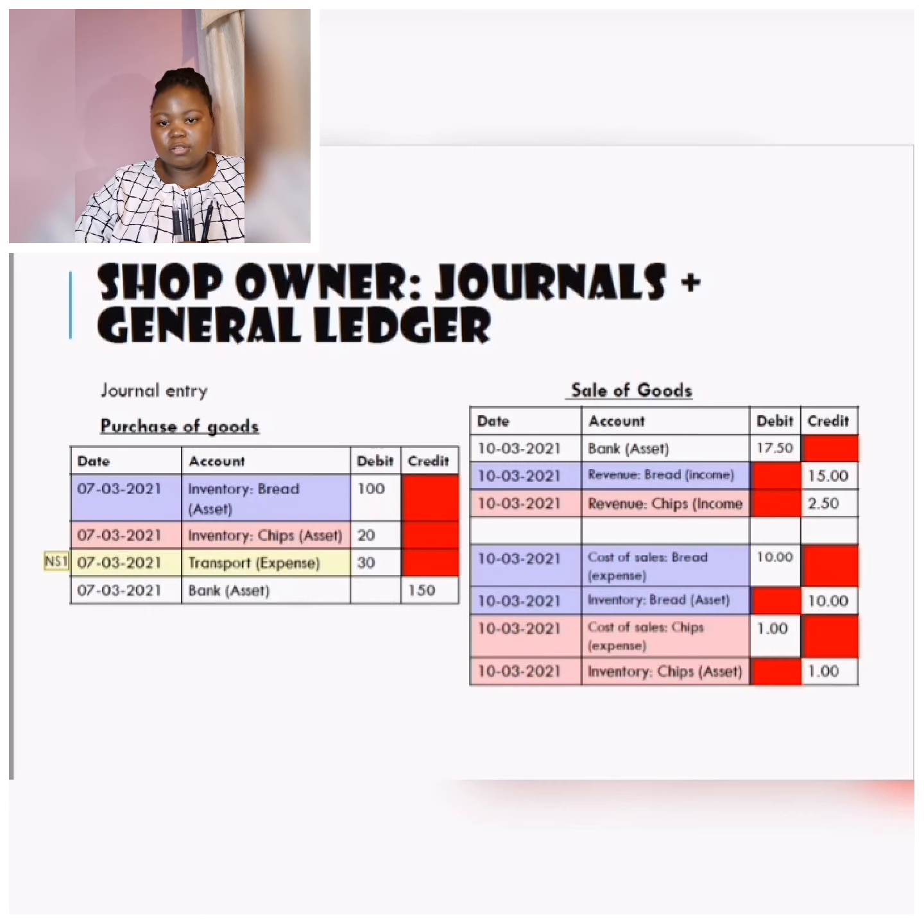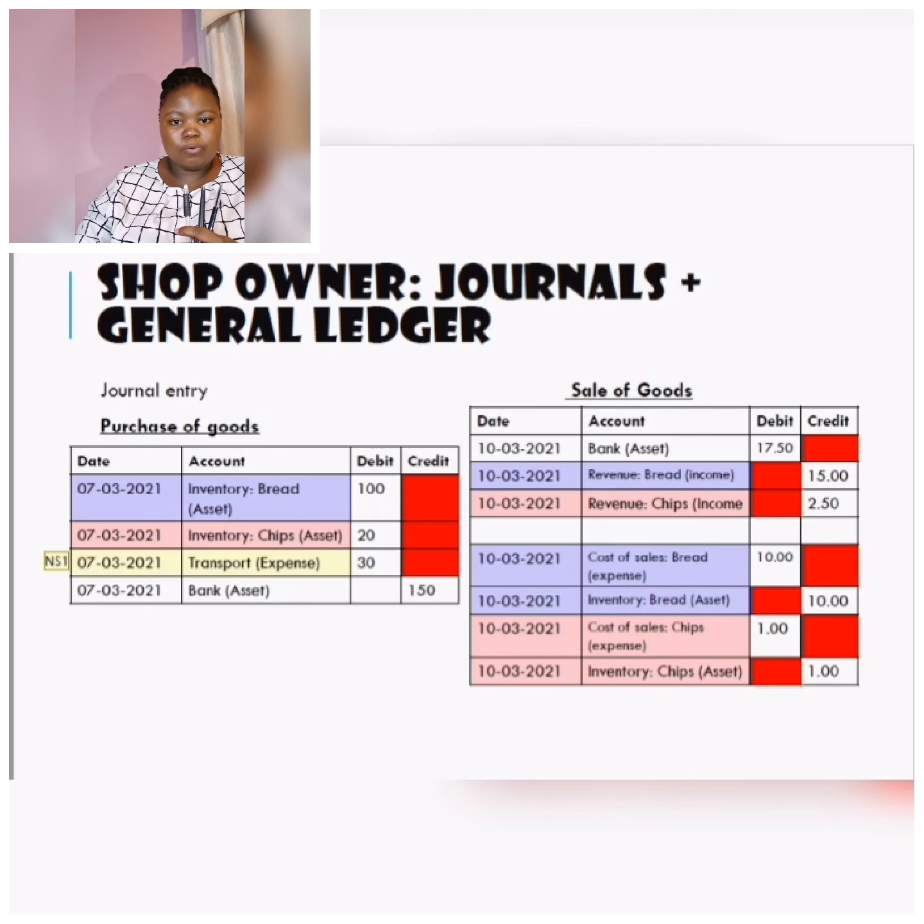I'll use 4 pens right in front of me. Let's say, as the shop owner, you bought 4 pens and then you sell 1 pen. So now you are only left with 3 pens. So it's good for you to reflect, okay, I had 4 pens, but now I'm left with 3. So how do you do that?